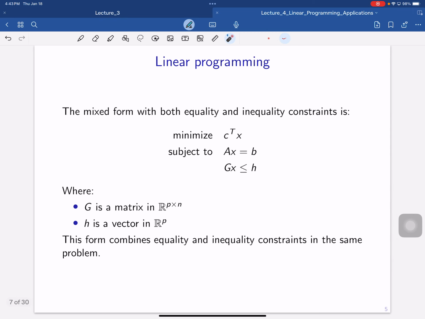There are people who would like to write it in a slightly different form, called a mixed form of both equality and inequality constraints, where they want to separate the linear equality constraints and the linear inequality constraints. The way to do it is also very simple. You just keep the equalities as one set and the inequalities as the other set, and use a different name for the matrix to represent those inequalities.